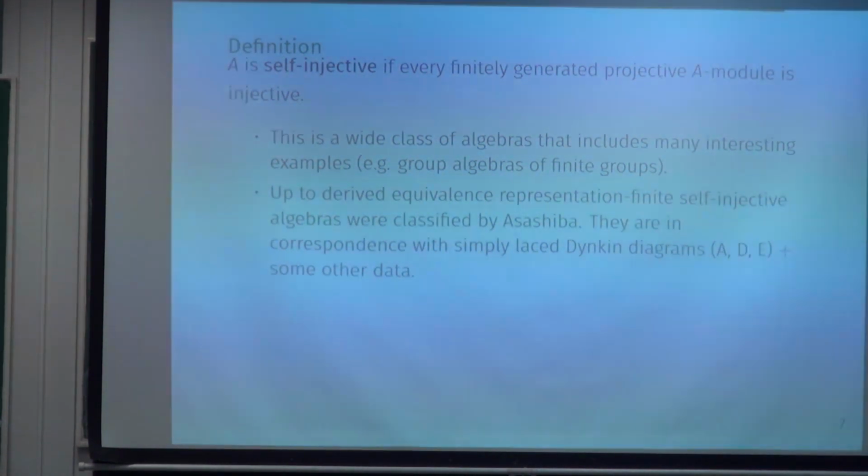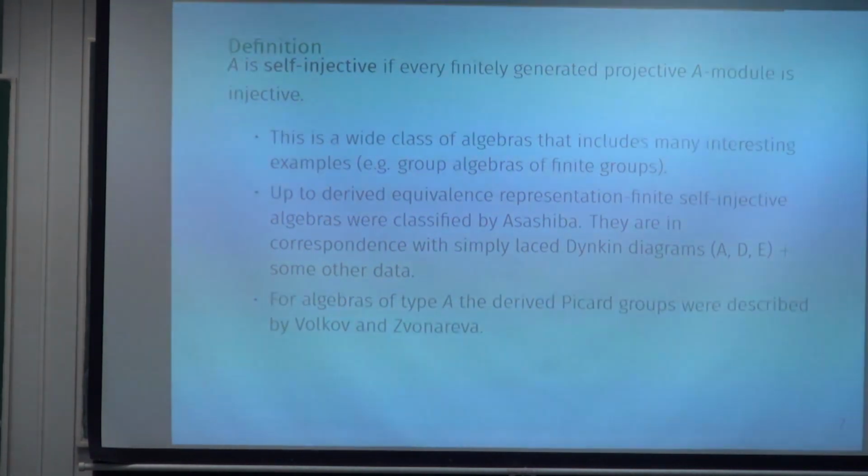So up to derived equivalence, they have been classified by Asashiba, roughly saying that they correspond to some data, including a simple Dynkin diagram, so roughly saying they split into three groups, A, D, and E. And for type A, the derived Picard groups were described by my advisors.